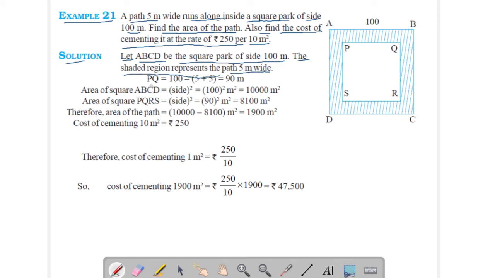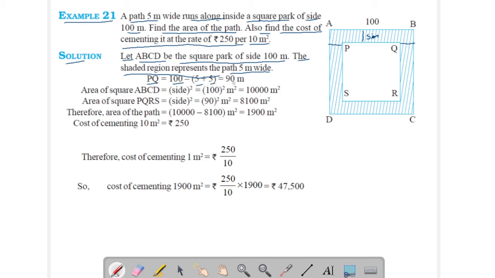Therefore, PQ. PQ will be here, this width is 5 meter. Therefore, for finding length of PQ, you have to subtract 5 meter from here and 5 meter from here. Therefore, PQ equals 100 minus 5 minus 5, which is 100 minus within the bracket 5 plus 5.